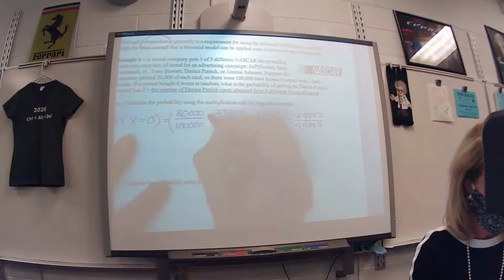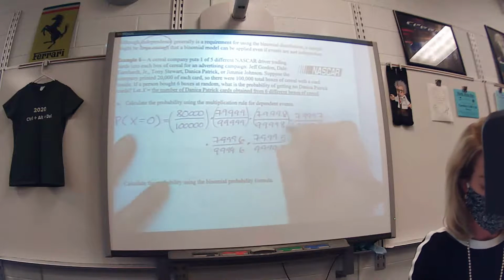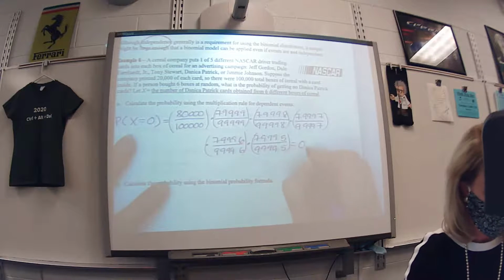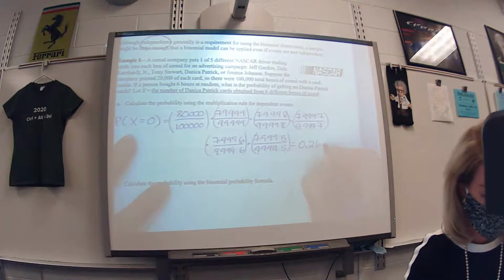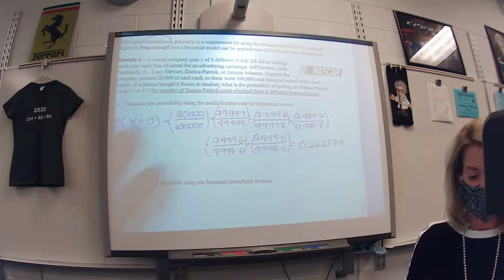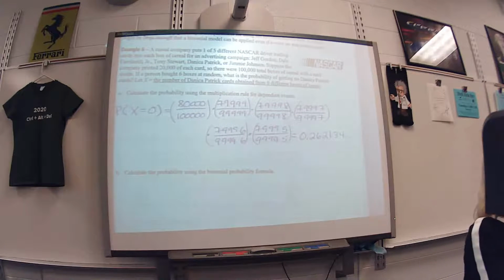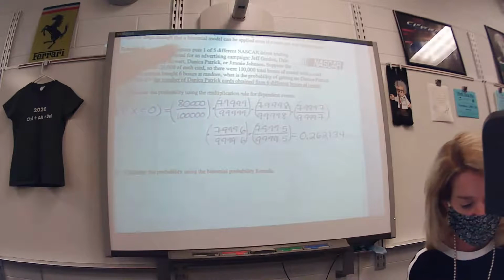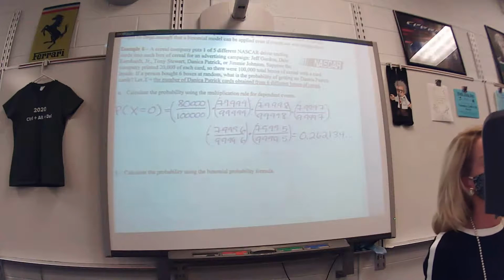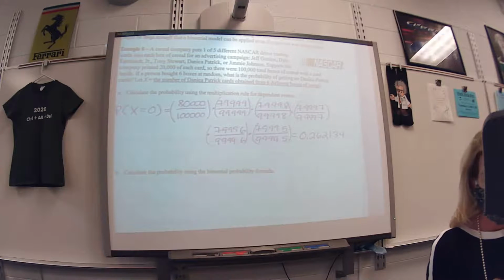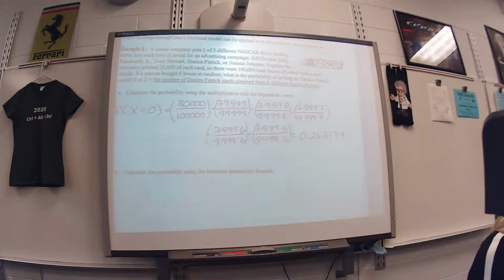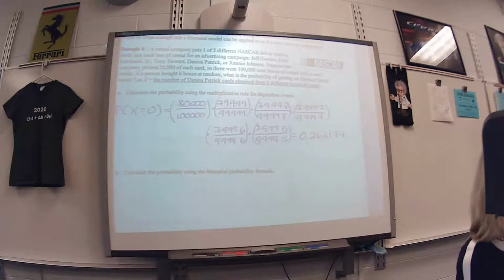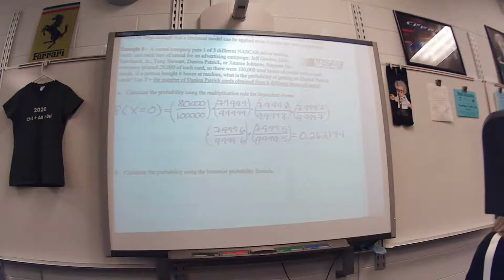If you take all of these fractions and you multiply these all together, you get about 0.262134. That is a legit answer. If this setup is true and you buy 6 boxes, that is the probability. You have a 26% chance that you're not going to get Danica Patrick, so you don't get a full set.